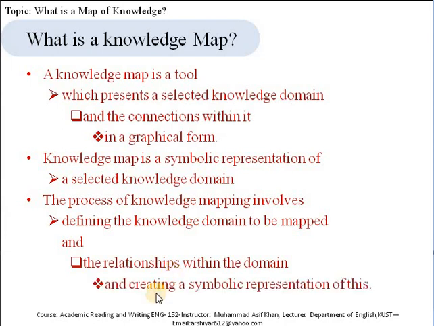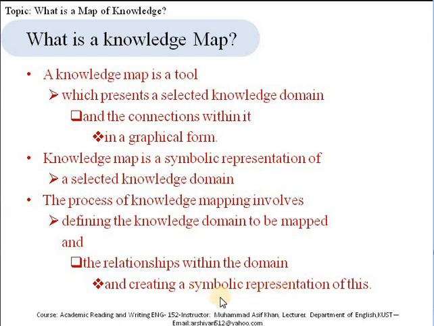So a knowledge map represents all those relationships within that specific discipline or field, and all these things are done in a symbolic way.